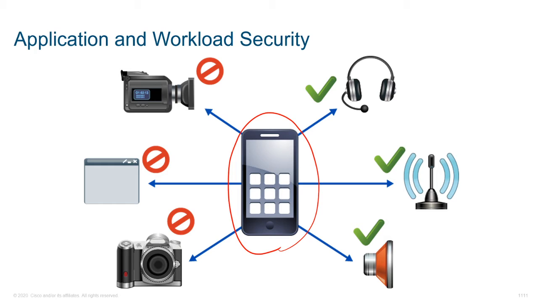And when we think about our personal applications that might reside on our devices, we might have things that have access to our speakers or headphones or microphones. And sure, they might have access to some of our cameras as well.